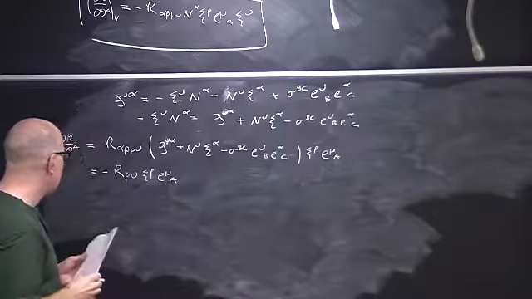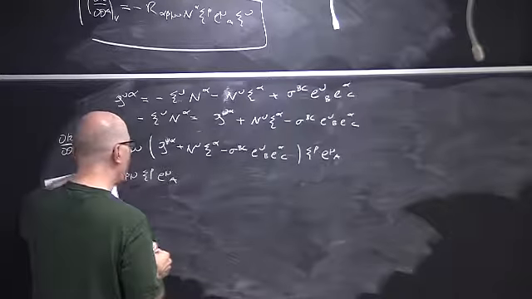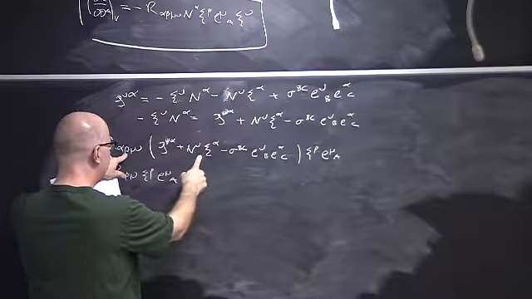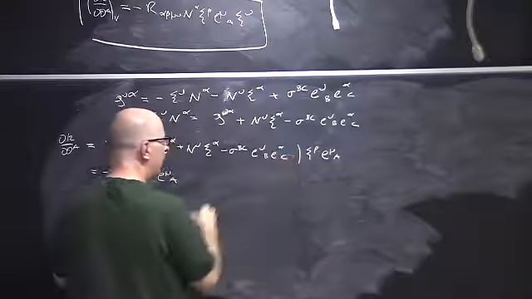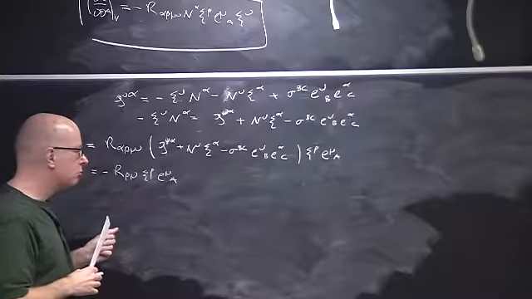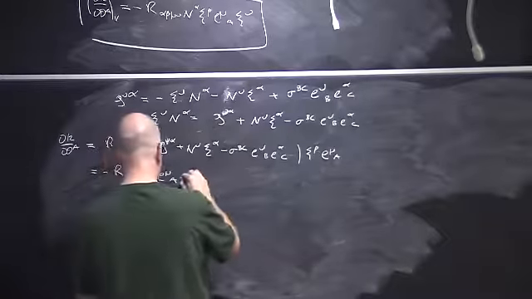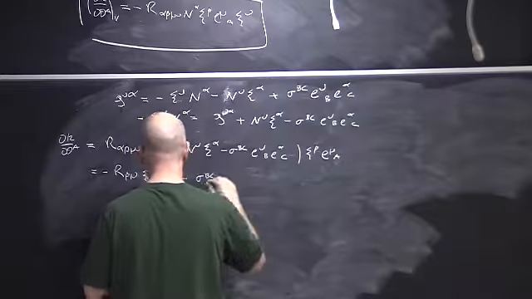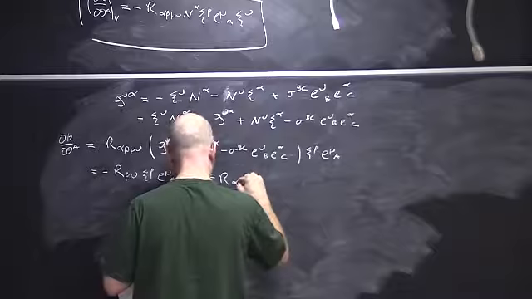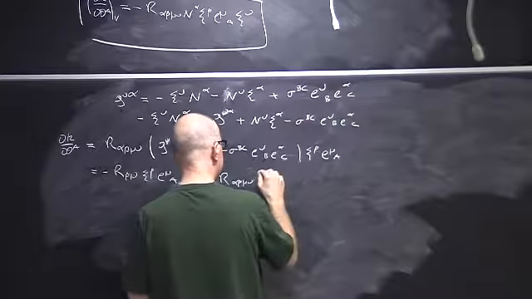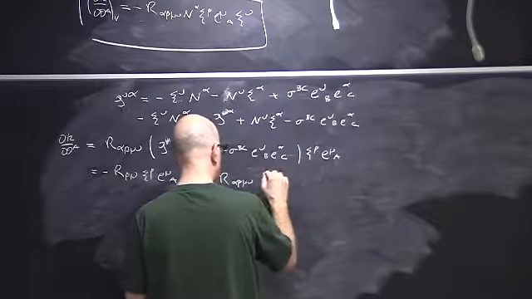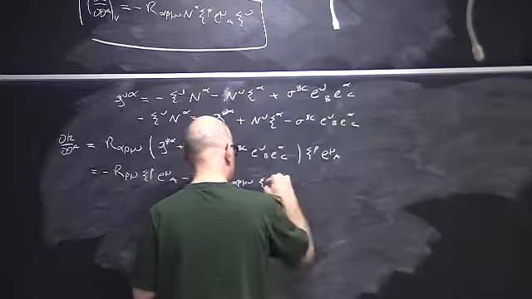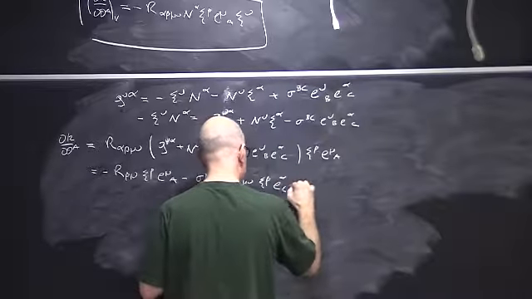The second term gives me nothing because here I have something antisymmetric in α and β, and here I have something symmetric in α and β, so the second term goes away. And then the last term will give me something non-zero. So in the last term, I'm going to have sigma_{BC}, and I'm going to have R_{αβμν} that multiplies, in order, c^β, e^α_C, e^μ_A, e^ν_B.